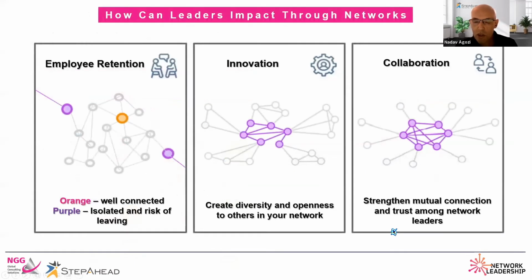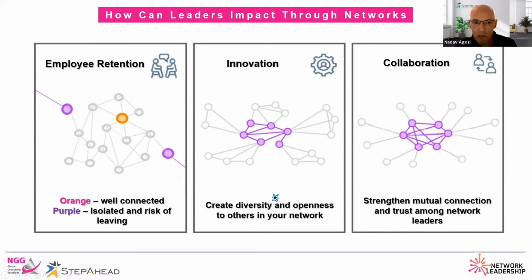So what we try to do with mapping organizational networks is to help leaders understand the way they can make an impact using their organizational networks. And by doing that, they learn how to identify what we call network signatures.